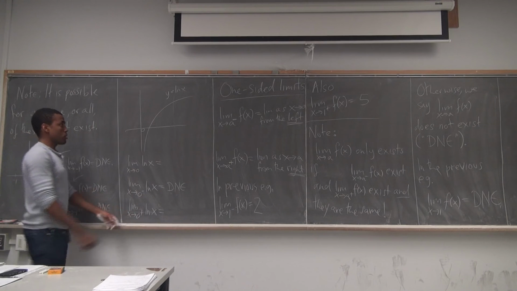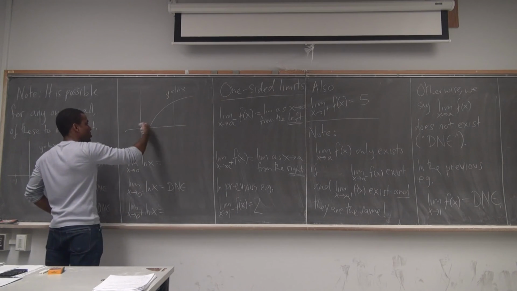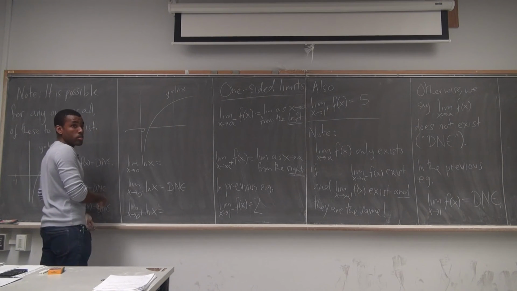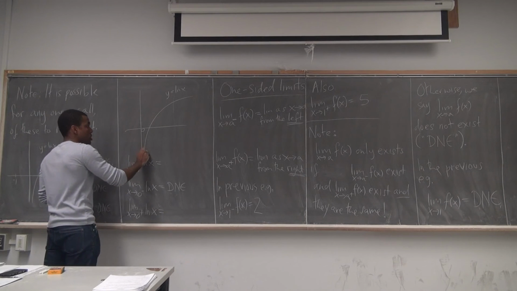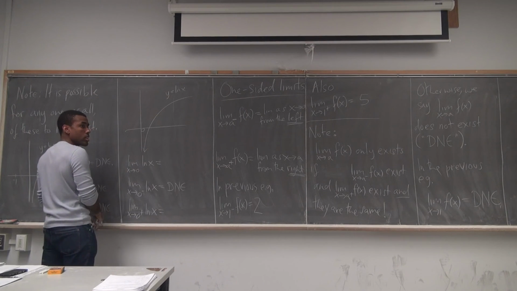What about approaching 0 from the right? If I'm getting close to 0 from the right, what's happening to the y values? They decrease. They keep decreasing. How do you think we'd say that? The y values?